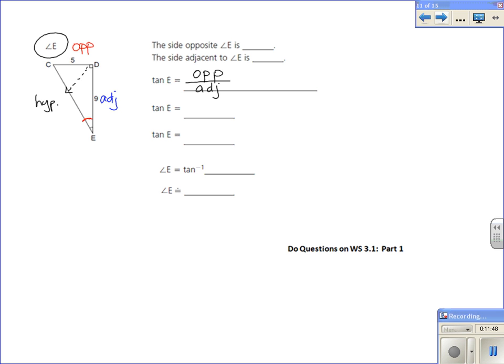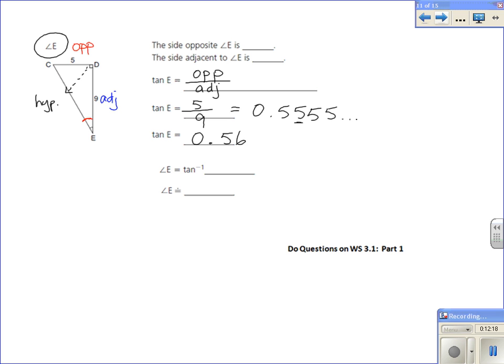In this case, the opposite is equal to 5, and the adjacent is equal to 9. So I'm going to compute 5 divided by 9, and I get 0.5555 and it continues. Let's round this to the second decimal place: 0.56.